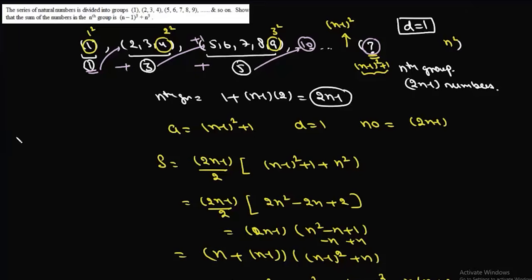So this first term will be 1 plus 3 plus 5 up to the (n minus 1)th group. So we'll have n minus 1 terms plus 1. Now we know that the sum of the first n odd natural numbers is n square. Here we have n minus 1 terms, so there will be (n minus 1) whole square plus 1. So that is another way of finding this first term, which again is (n minus 1) whole square plus 1.